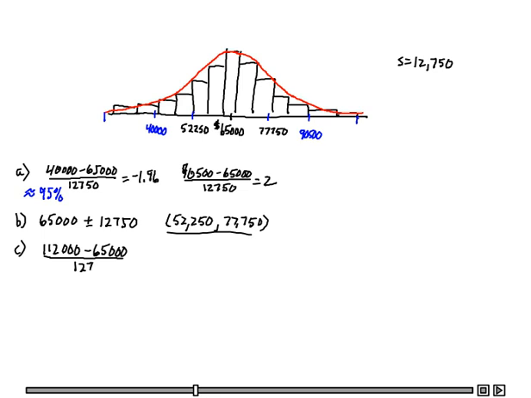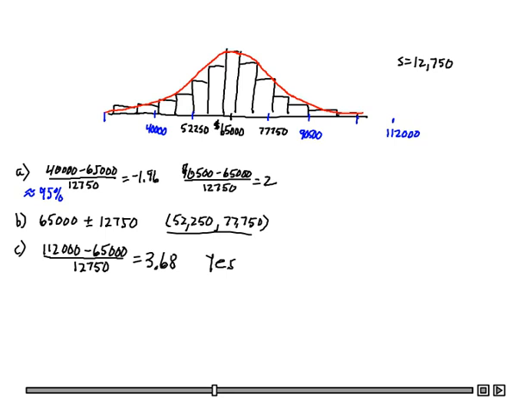And if it's more than 3, we've got an outlier. Well, it turns out to be 3.68, so the answer is yes, it is an outlier. And if I put that in the distribution, it's going to be somewhere out here, 112,000. So yes, it's beyond the normal range of values in the distribution.